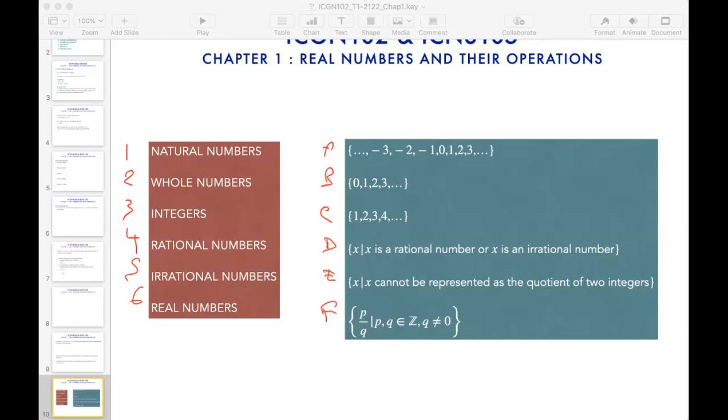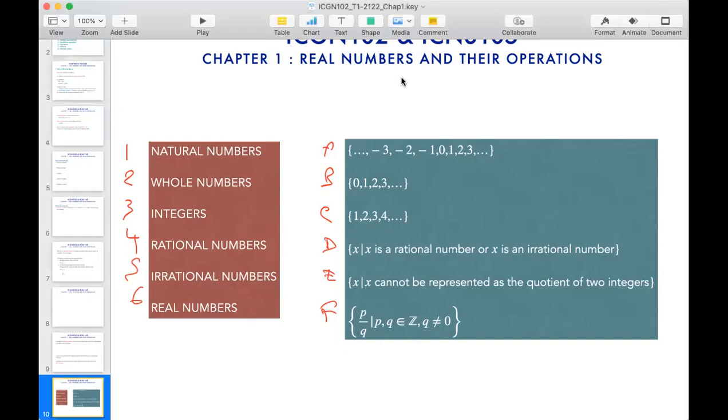How long do we have left? Okay, time's up. So right now, let's see. Who can help me answer this?